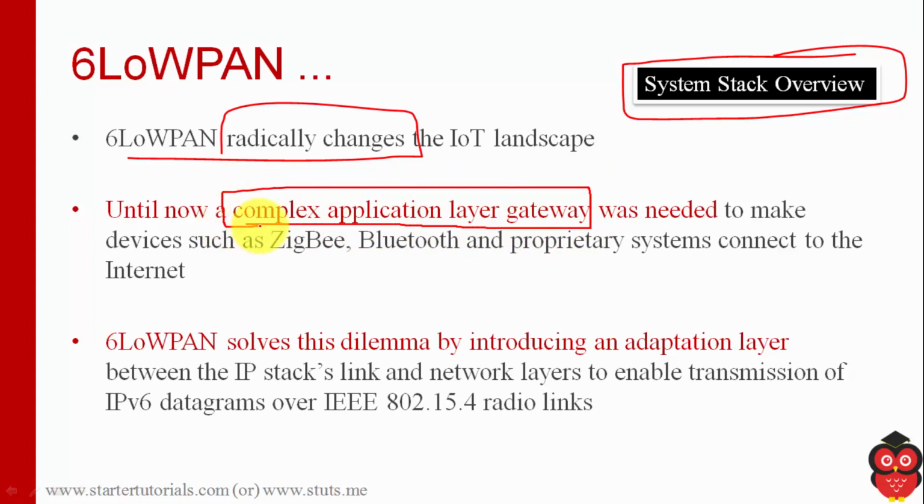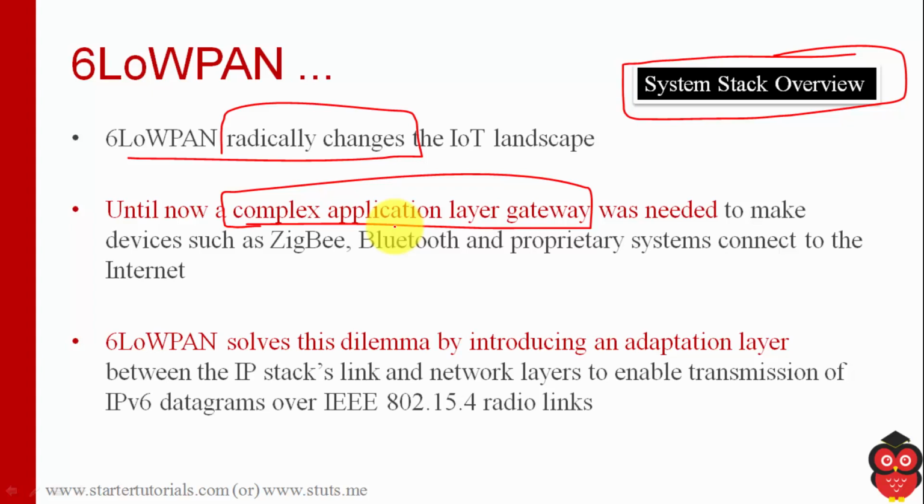It's a device for converting one technology to another, that is, data produced by one technology into data that can be received by another technology. That device is called an application layer gateway.